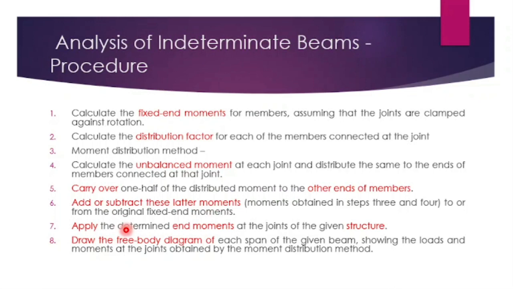And finally, the added moment has to be at an accuracy of 0.1 kilonewton meter. So your iteration should be stopped when you get 0.1 accuracy. And finally you can draw the free body diagram.